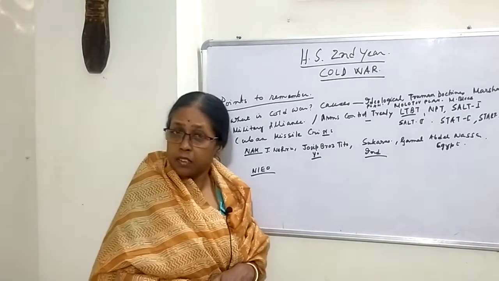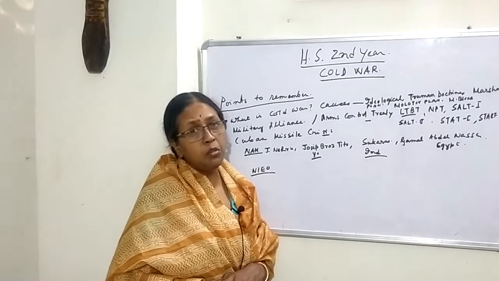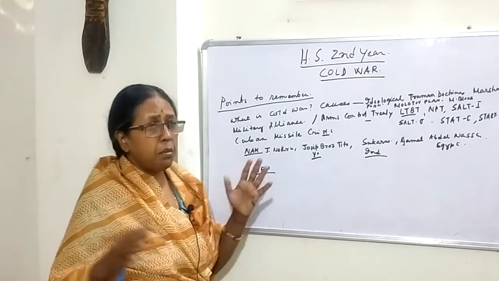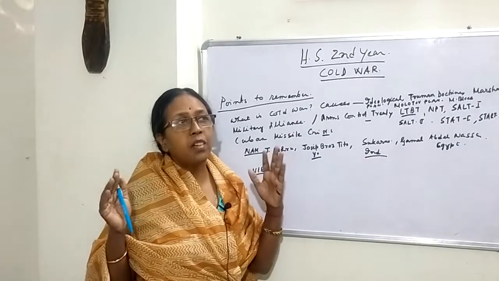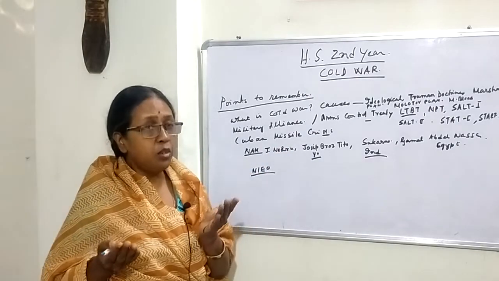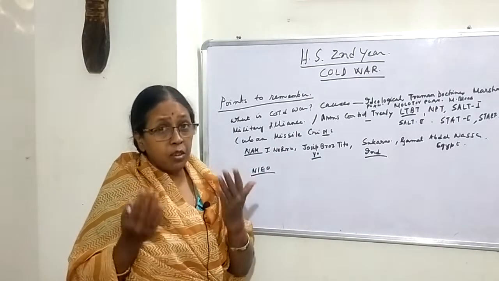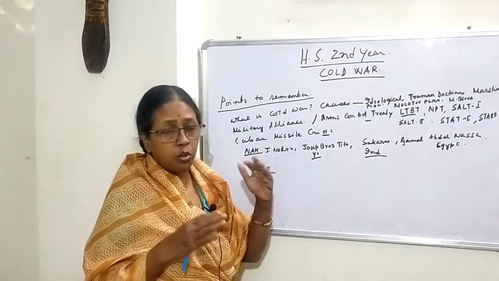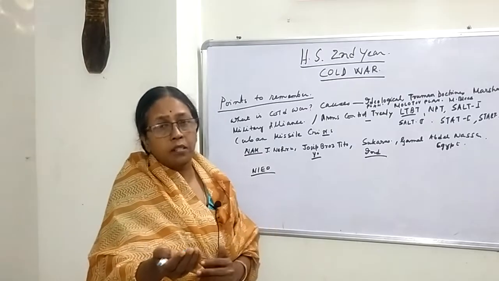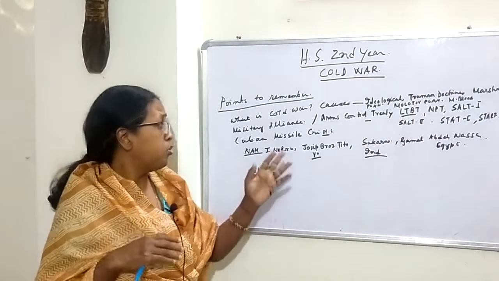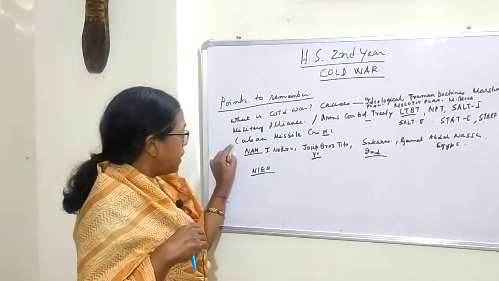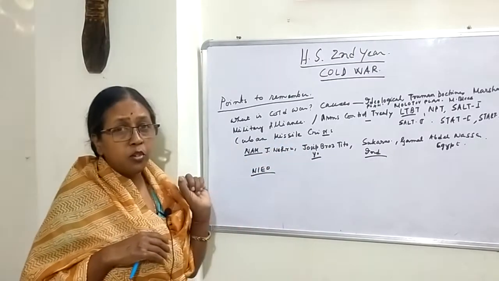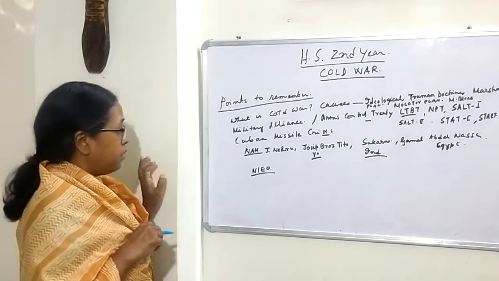Otherwise, they would attack Cuba and use nuclear weapons against Soviet Russia. Ultimately, the threat of using nuclear weapons brought an end to this crisis, and Soviet Russia took away its military hold from Cuba. So you study the Cuban Missile Crisis, because a short note may be asked on it.